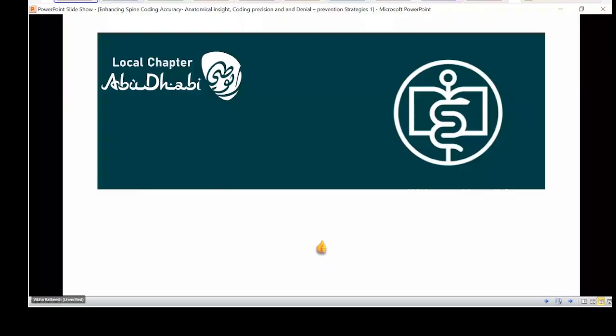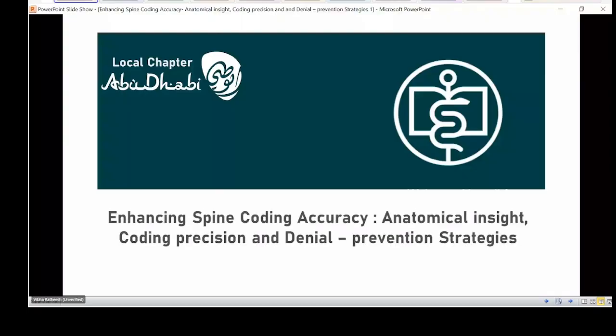Okay, so let us begin our session. Today we will be having a session regarding the ICD and CPT coding guidelines related to the spine, the coding challenges that we face during spinal surgeries, and the strategies for managing insurance denials.